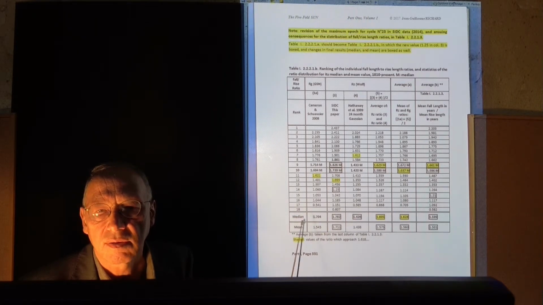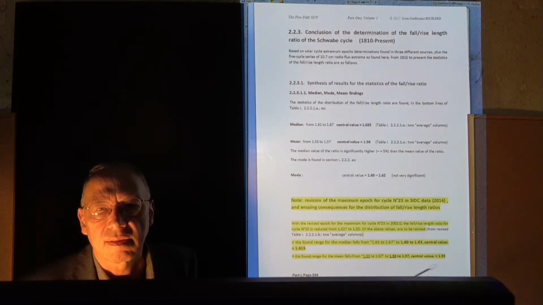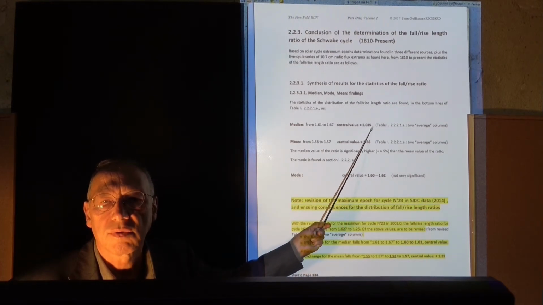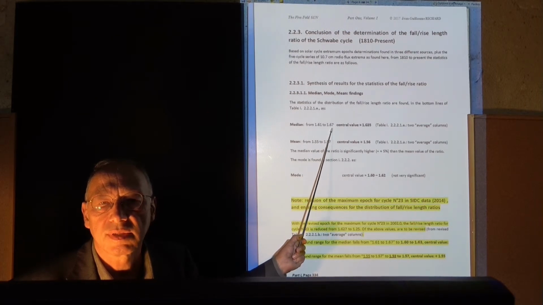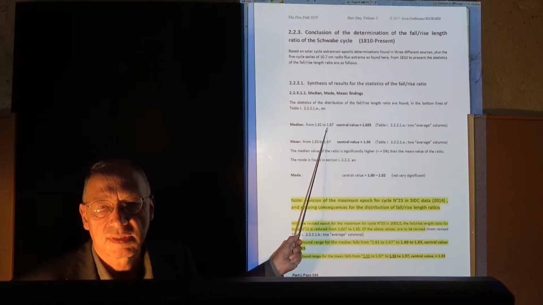And if we look at now each of these values, we will see in the next page that they average out in this range to a central median value of about 1.635, ranging from 1.61 to 1.67. This is the median value of the fall-rise length ratio of the Schwabe cycle as found from this method.